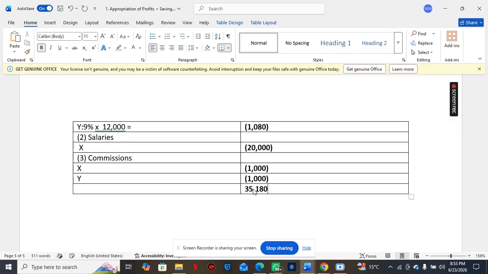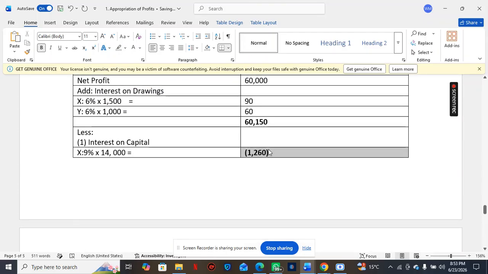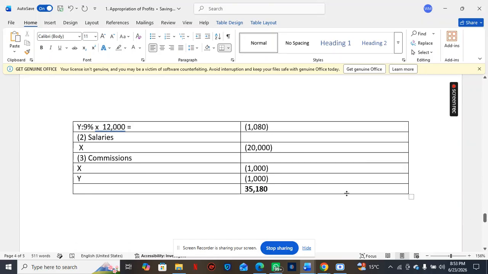So this is now the remainder of the profit that needs to be shared out with the ratios. Basically, this is like the residual profit. So this is what has to be shared out.